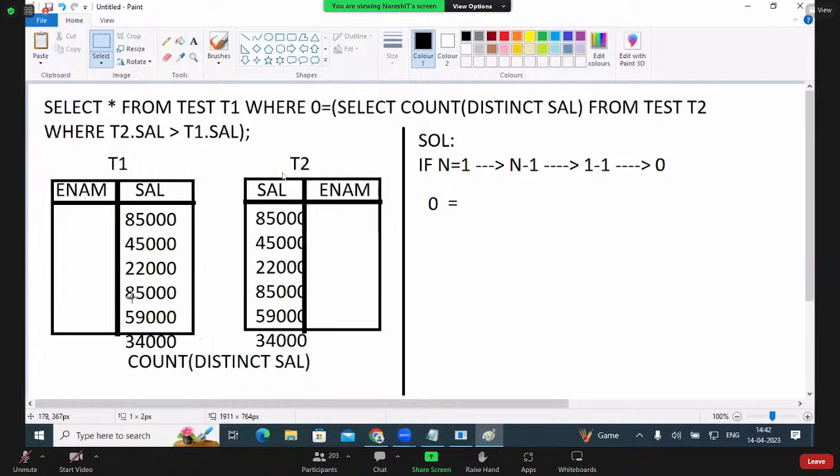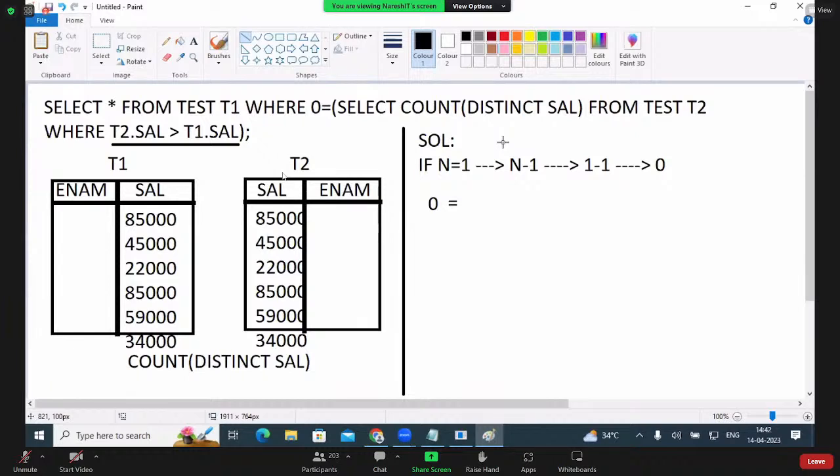Right. So now, in the inner query, this is your condition: T2.salary is greater than T1.salary. Now we can check it out. In these aliases, T1 is called the outer query alias, and T2 is called the inner query alias.